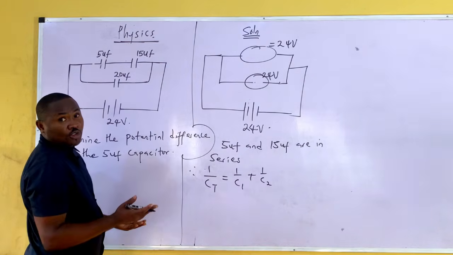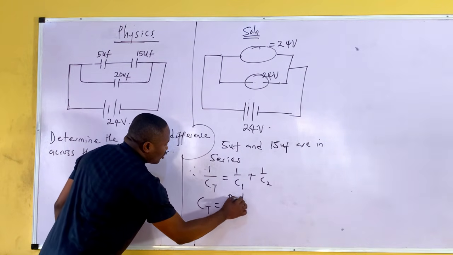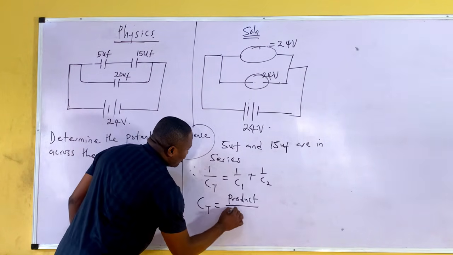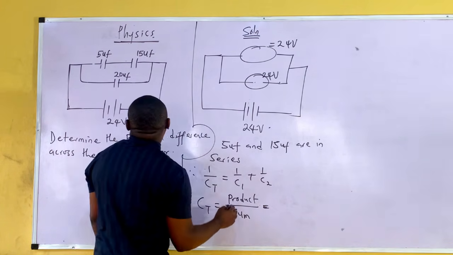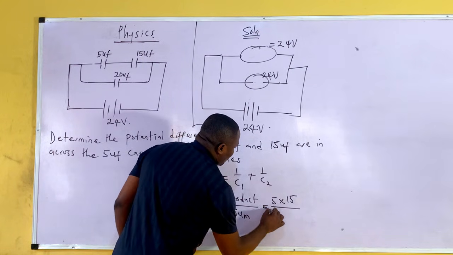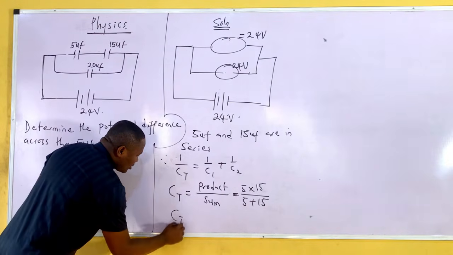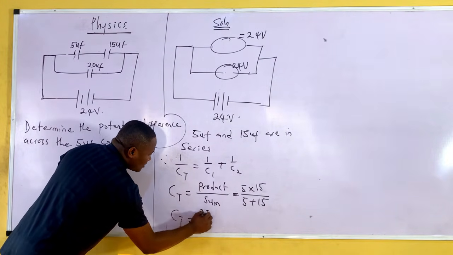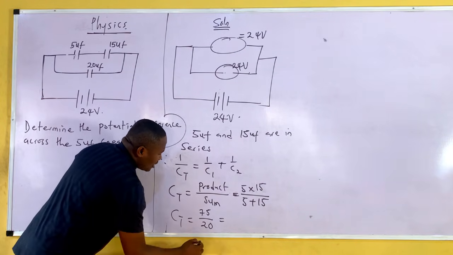A short way to solve it, we said C total is equals product over sum. That's what we said. So it will now be equal to, what's our product? Product of 5 times 15 over 5 plus 15. So C total is equals 75 over 20.